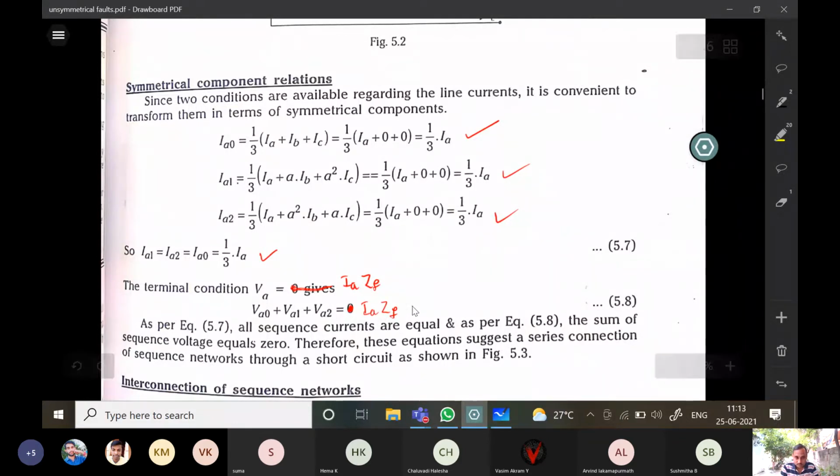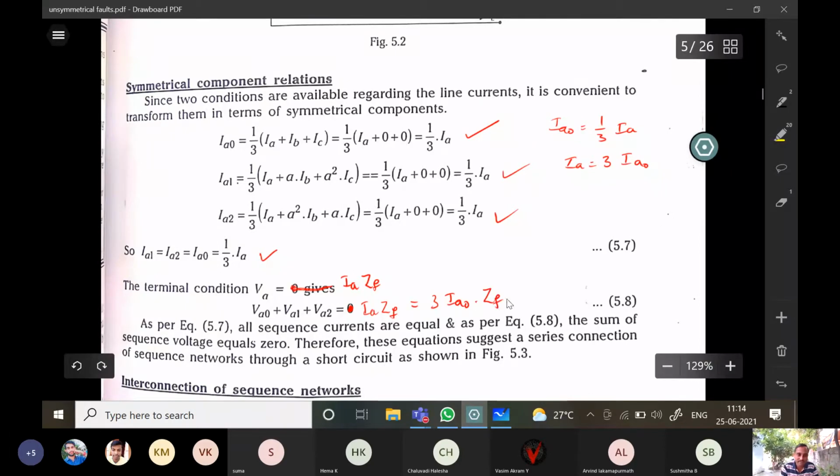So what is IA into ZF here? IA0 is equal to 1 by 3 times IA, so cross multiplying, IA is 3 times IA0. So substitute IA equal to 3 times IA0, multiplied by ZF. This is the modification in this derivation.